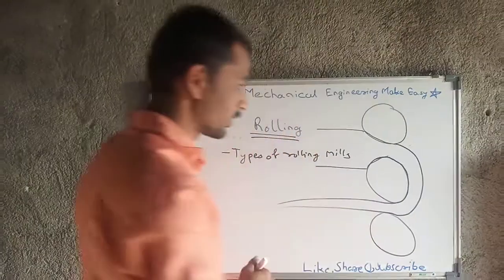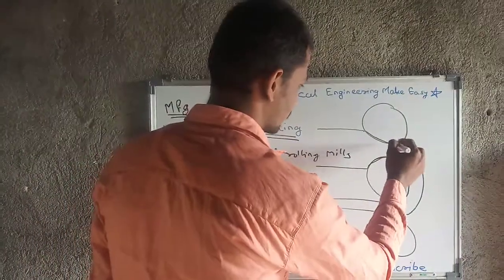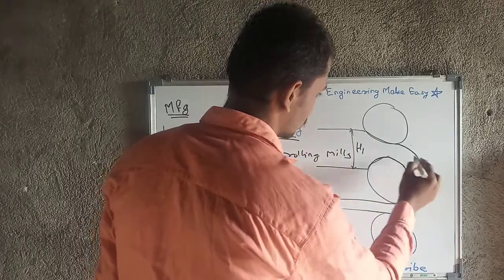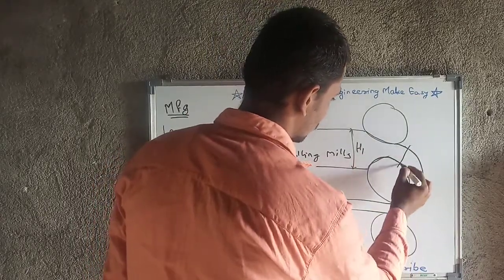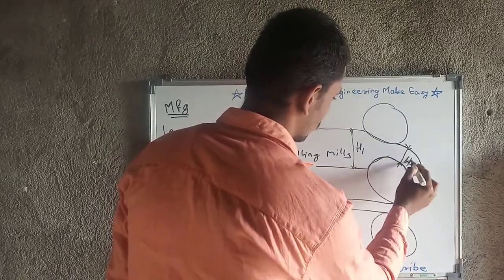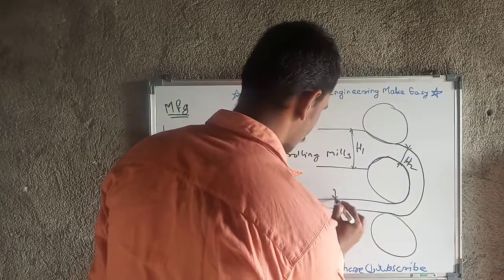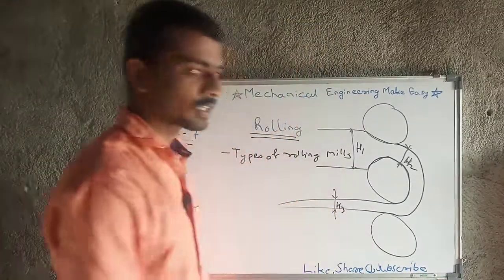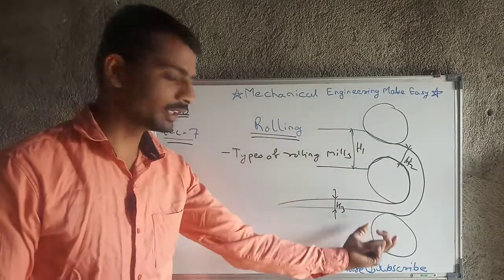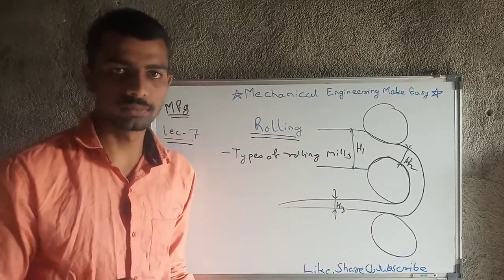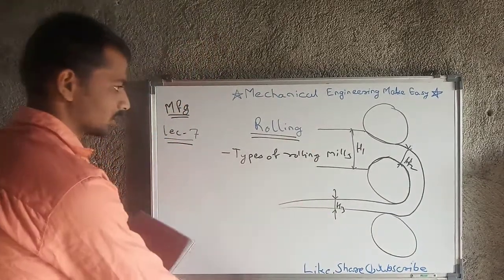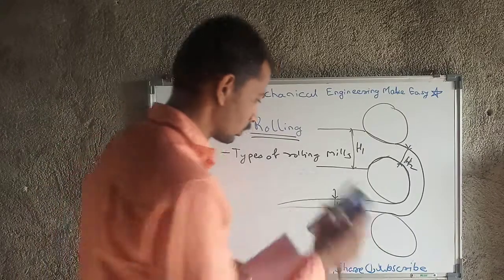In this case we have reduced the thickness, maybe this is H1, and we reach the thickness H2. And here again we reduce the thickness to H3, which means progressive reduction of thickness happens in three high rolling mills, where three high rollers are used. This is the three high rolling mill.